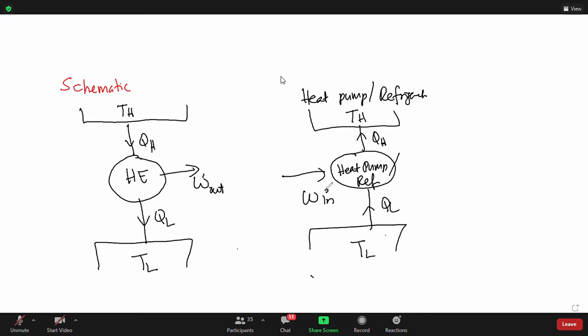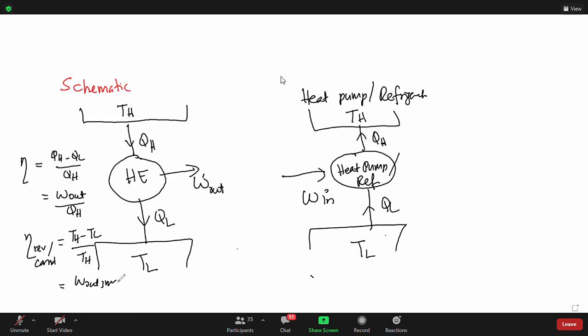Now, once you've done that, you know the efficiency of a heat engine will be QH minus QL over QH, or work out over QH. If it is reversible or Carnot, then this will equal TH minus TL over TH, which is work out max over TH.